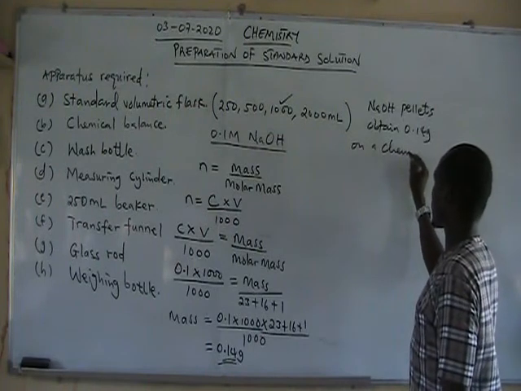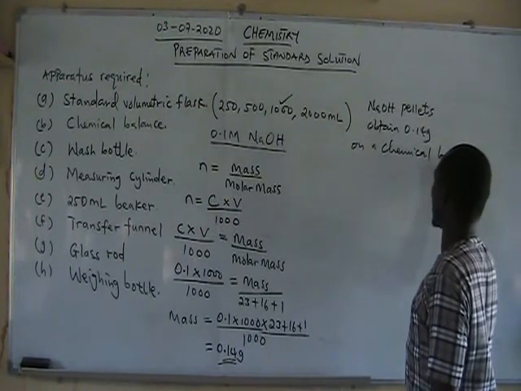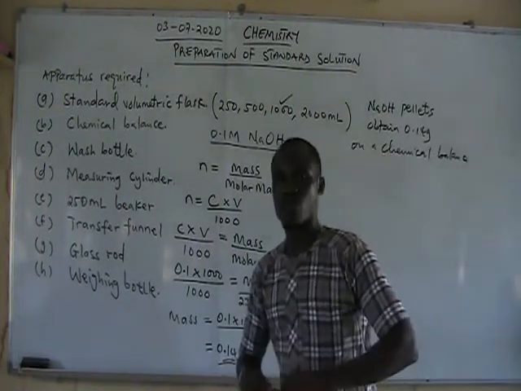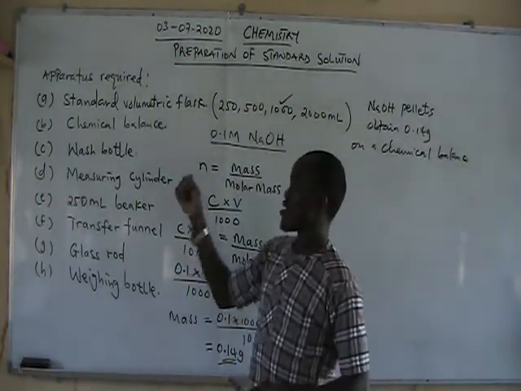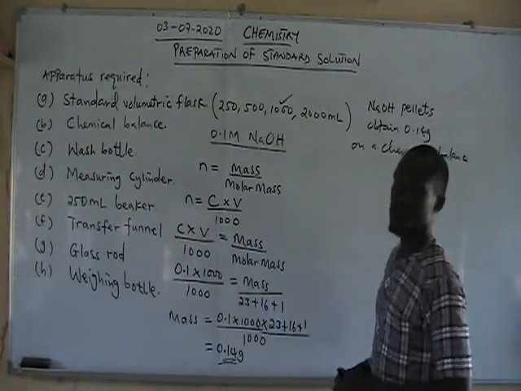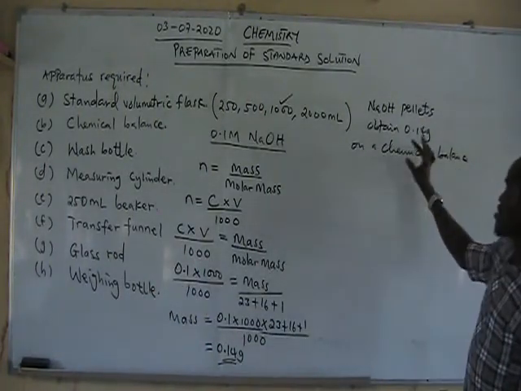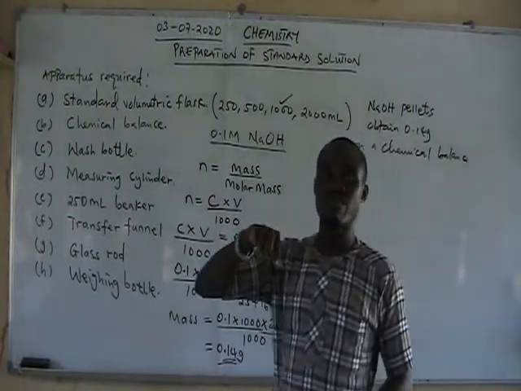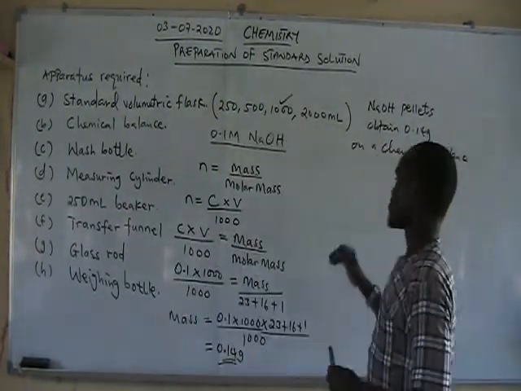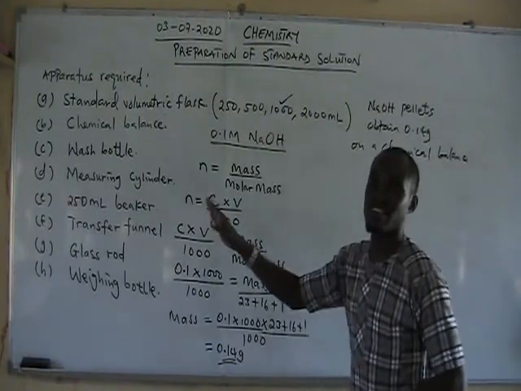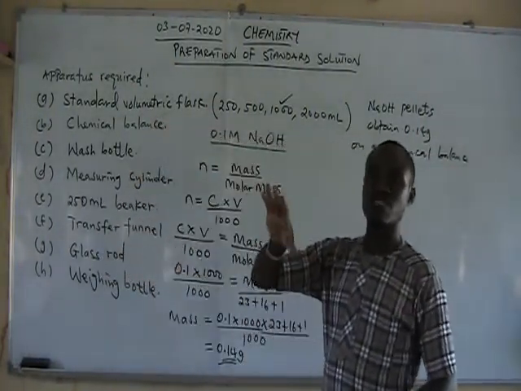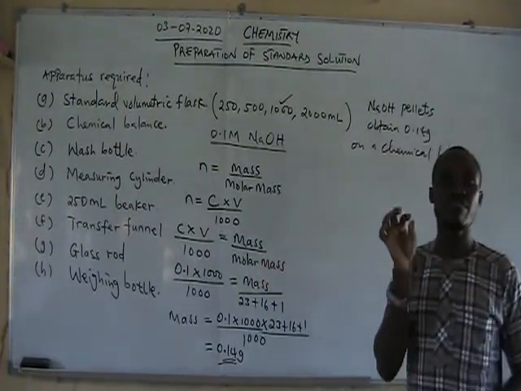The chemical balance will measure the mass for you. It will read, using the weighing bottle. So the weighing bottle will definitely be of good help. Put the pellets little by little, piece by piece, into the weighing bottle, after you must have zeroed the balance, neglecting the weight of the weighing bottle, so that you consider the mass of the sodium hydroxide pellet you are adding.